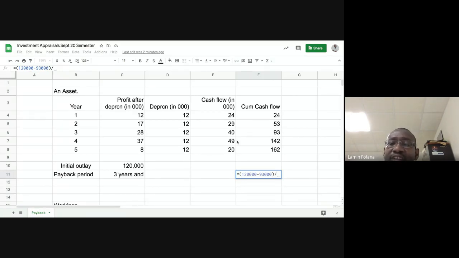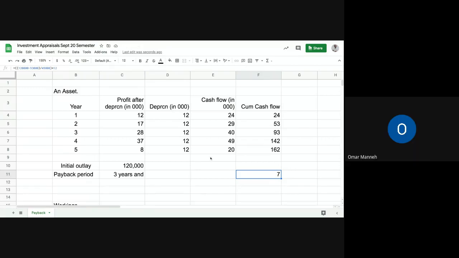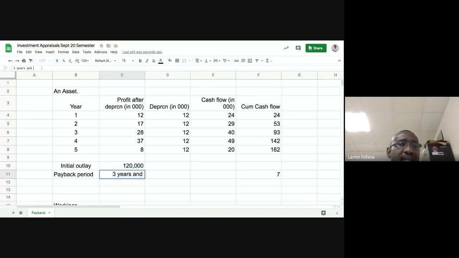But the year 4 cash flow only is 49. So divide by 49,000, all that multiplied by 12, as in 12 months. So that is 7 months. Is that correct? So, Mr. Fofana, we break even in 3 years, 7 months.